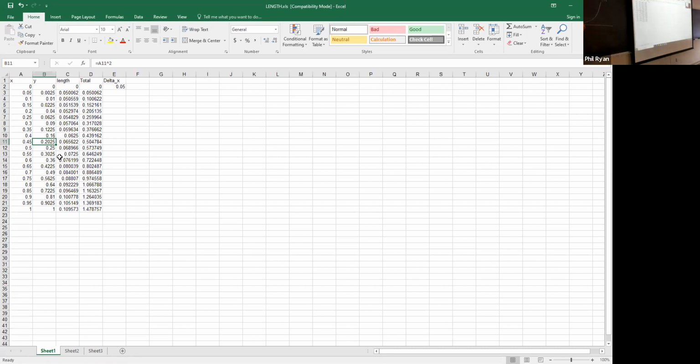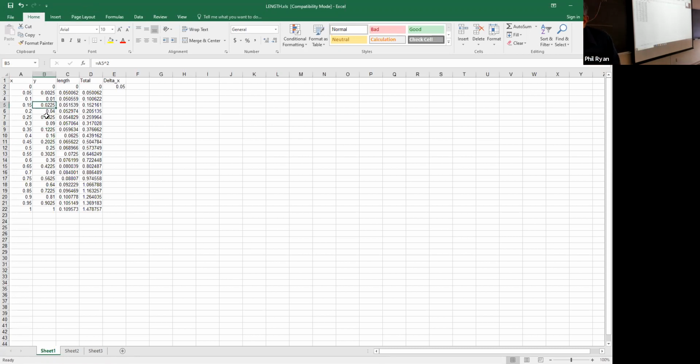And we're going to use the Pythagorean theorem to figure out the length of that little line segment, and then we're going to add them up, and that's going to be an approximation to the length of the parabola. Do you understand that? Okay, so I'm going to use n is 20, and I'm going to come up with the length. Let me show you how I did this.